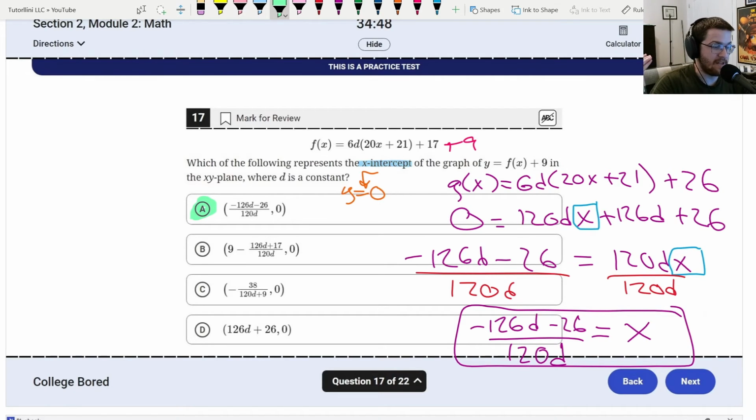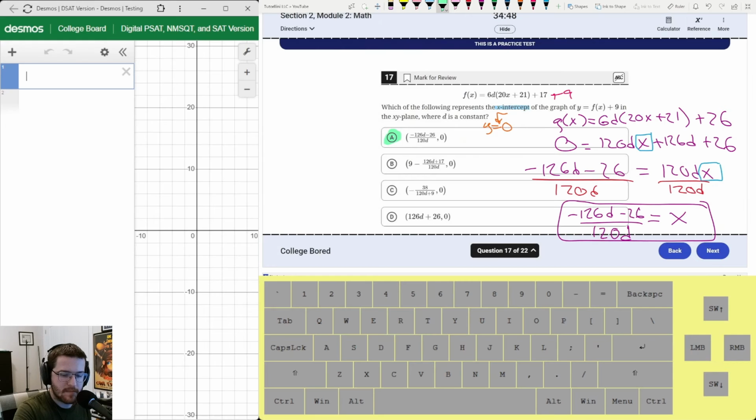This one can also be entirely done on Desmos, so let's go do that. Okay, so I'm going to make d a constant. It doesn't give me any restrictions, so I'll call it 5.